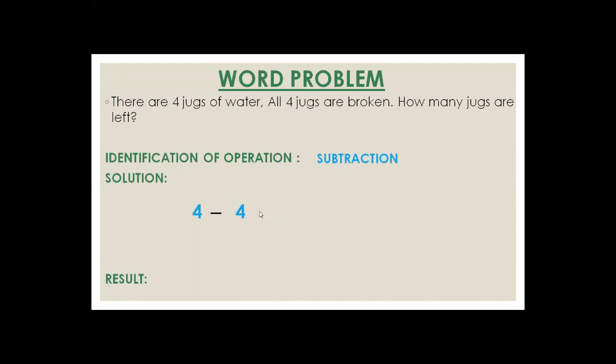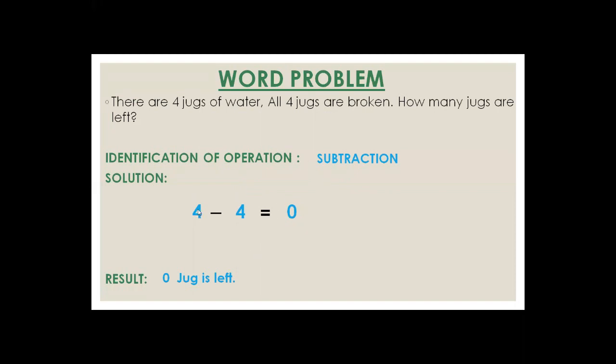So what is the answer? It is equal to 0, because 4 minus 4 equals 0. 4 jugs are here, but all the 4 jugs are broken, so it means there is no jug left. So we put the 0 here, and how do we write the result? 0 jugs are left because all the 4 jugs are broken.